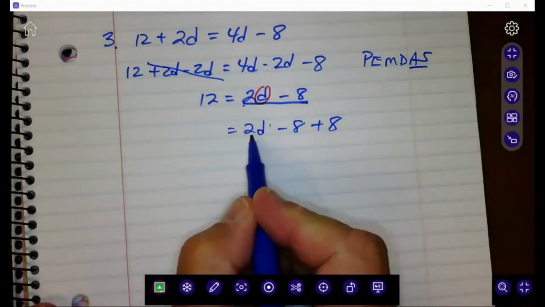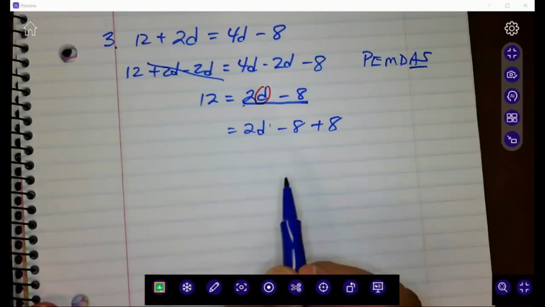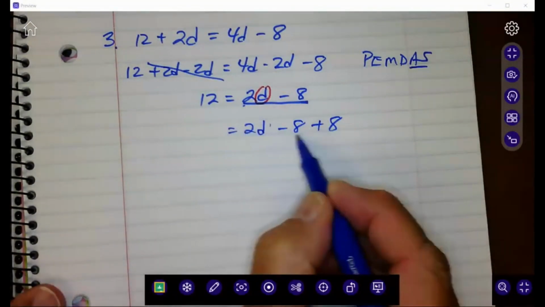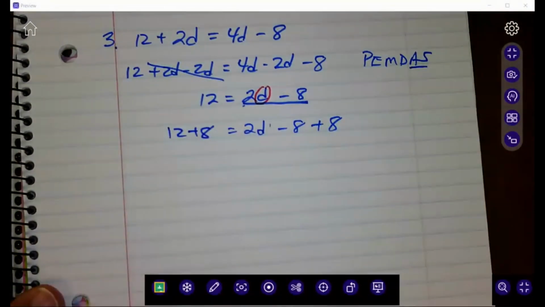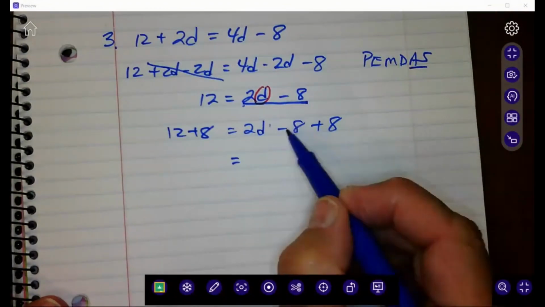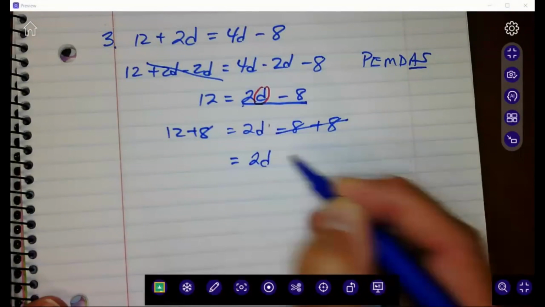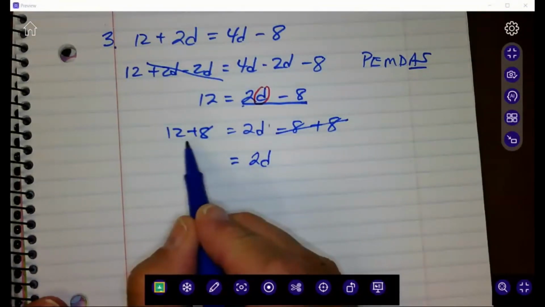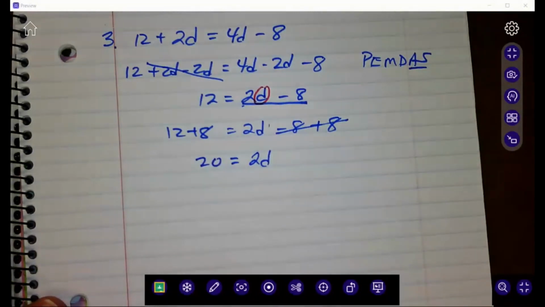We don't get rid of that 2 yet because the 2 is being multiplied. So if we add 8 on this side, we have to add 8 on that side. So over here, those add out and we're left with 2d. On this side, we can combine like terms. 12 plus 8 is 20.